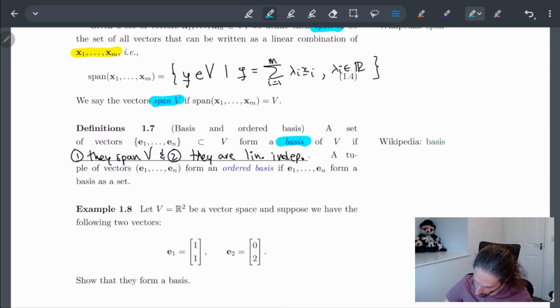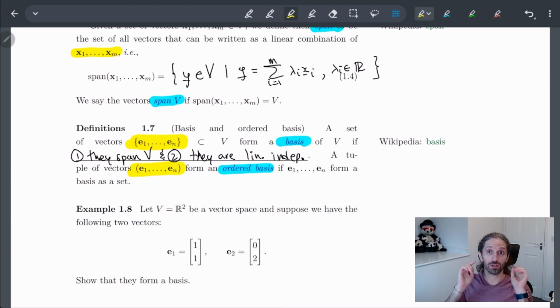Here you'll notice some notational differences. If I have a set, notice how it's in curly brackets, and if I have an ordered basis, they're in parentheses. So the notation matters because it's telling us information on what these things are.